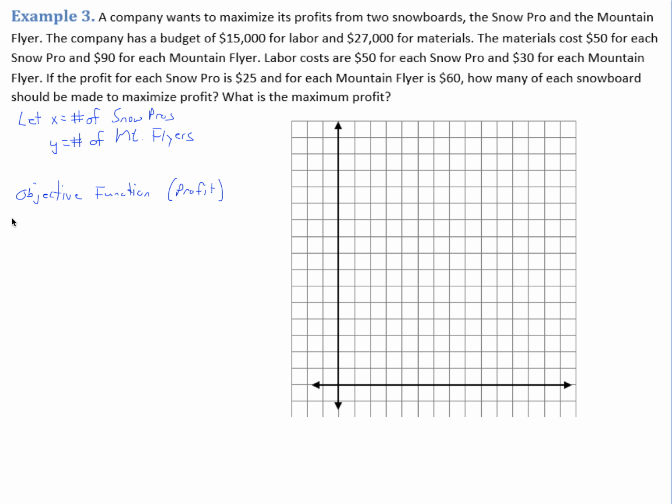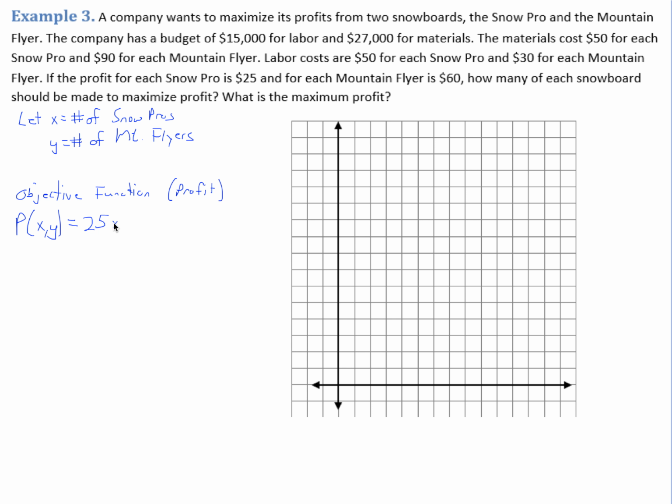So our profit function, I'm just going to call it P of x, y, the profit for x and y, the number of Snow Pros and the number of Mountain Flyers. So how much money is made on a Snow Pro? You make $25 each. So what we do for our profit, we'll take $25 times however many Snow Pros are made. If there's 10, 25 times 10, which will give us 250.